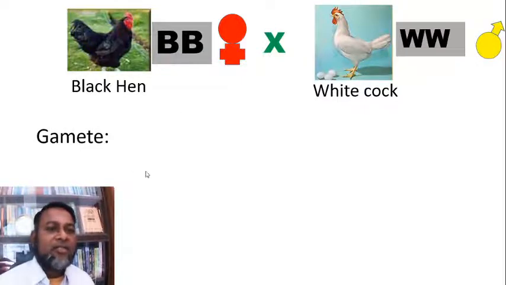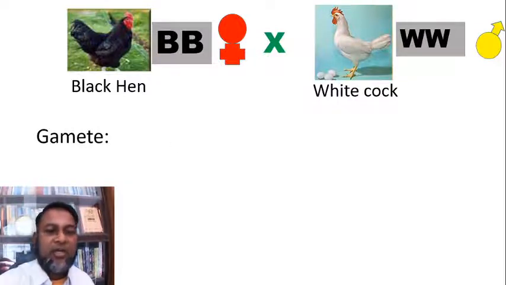Now we explain this with an example. This is a black hen, its genotype is BB, whereas this is a white cock, its genotype is WW.